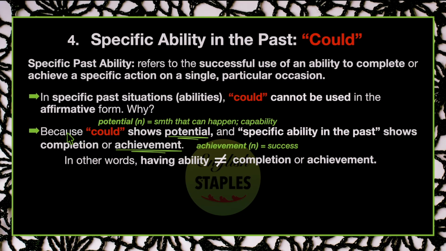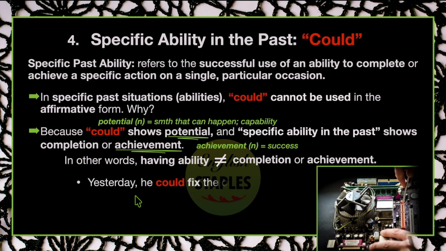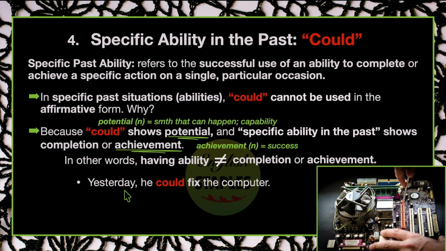So that's what this is saying. Could shows potential, something that can happen. And the specific past ability shows something is completed or achieved. So here, having ability or potential does not equal completion or achievement. For example, yesterday he could fix the computer.